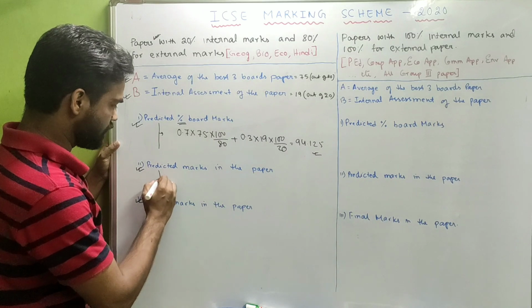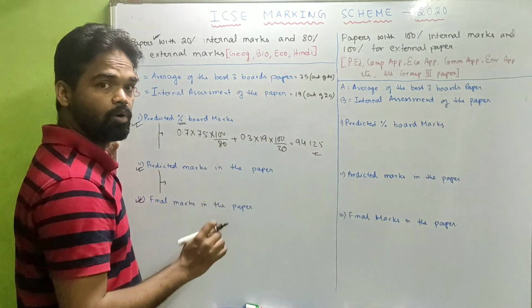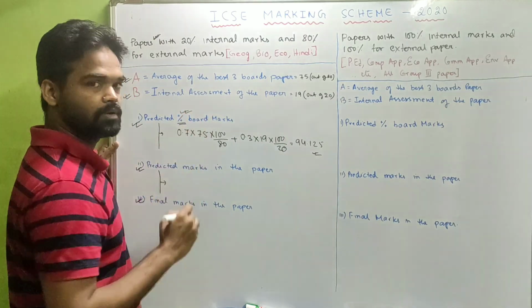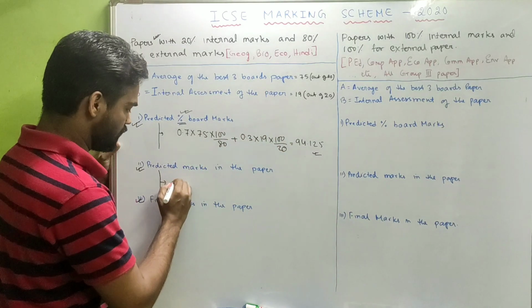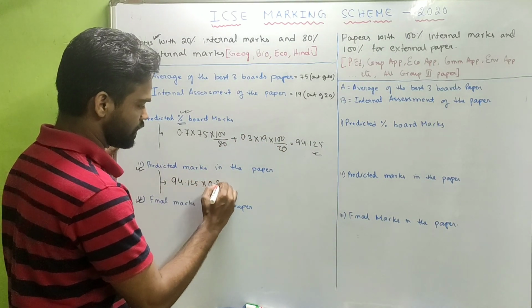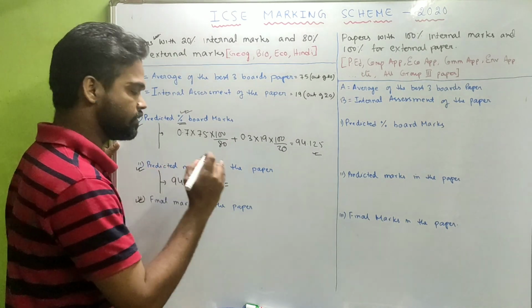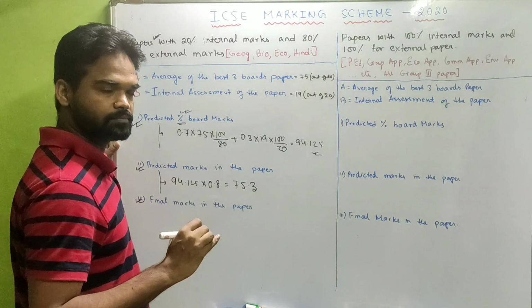Now, the predicted marks in the paper. This was out of 100 percentage, but the paper is out of 80. So what we'll do is multiply this by a factor of 0.8 to convert it into 80. So that's 75.3.